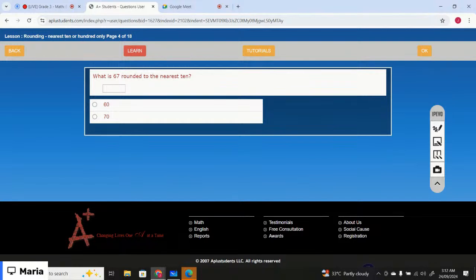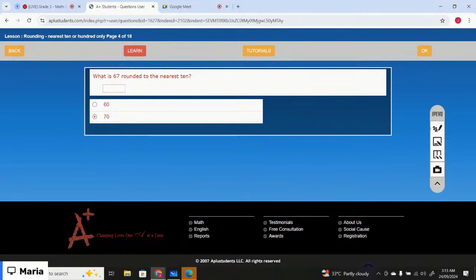What is 67 rounded to nearest 10? So which is the correct option? 67 is rounded off to 70.